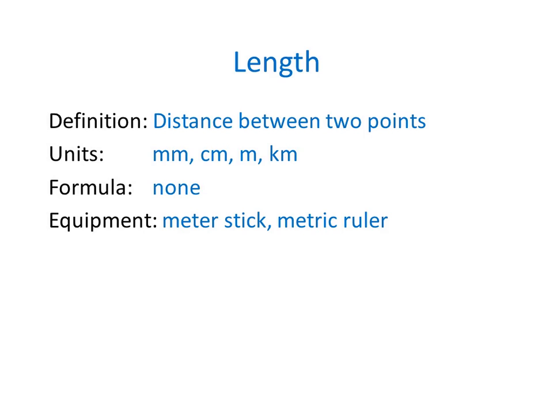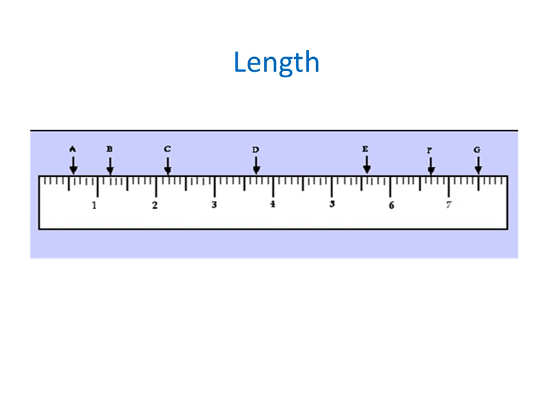We don't really need a formula to find the length of an object, and the equipment that we typically use in class would be a meter stick or a metric ruler. And so this example just shows different measurements that you might see on a metric ruler in class. For example, A is between the 0 and the 1. So right here it's just past the halfway point, so A would be 0.6 of a centimeter.